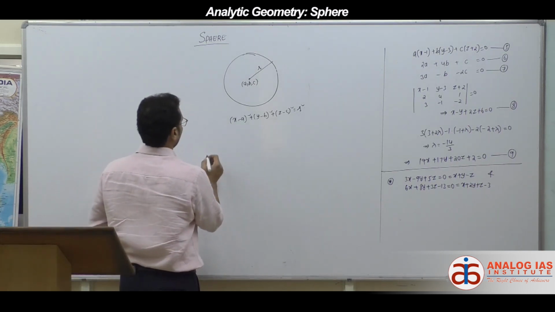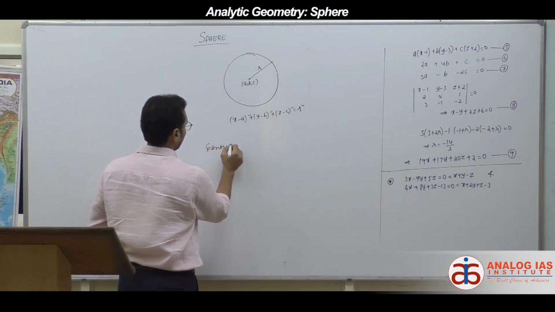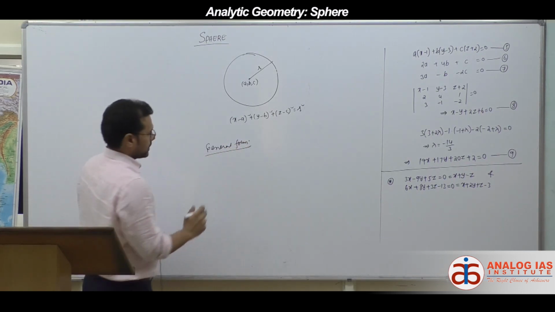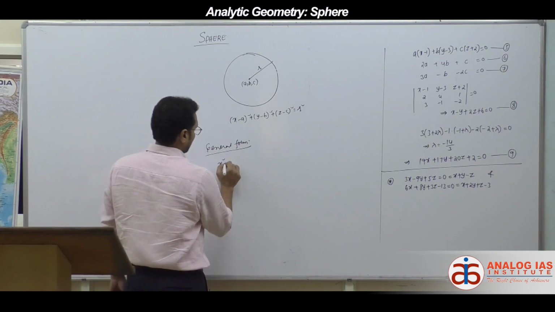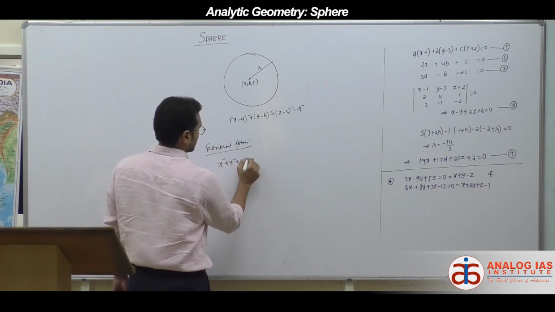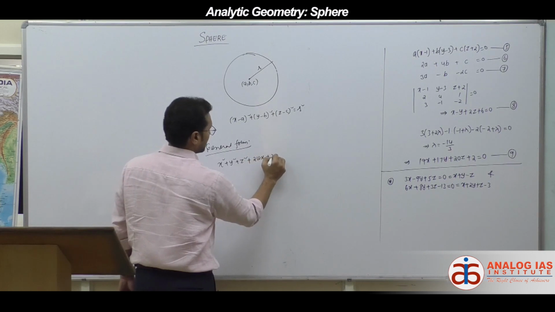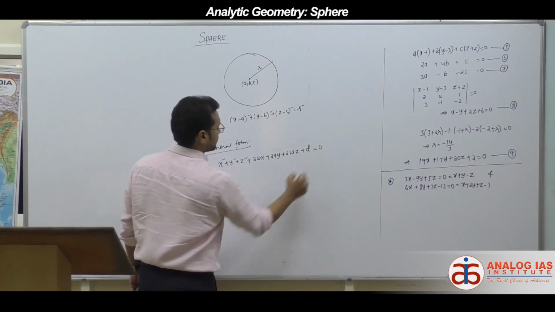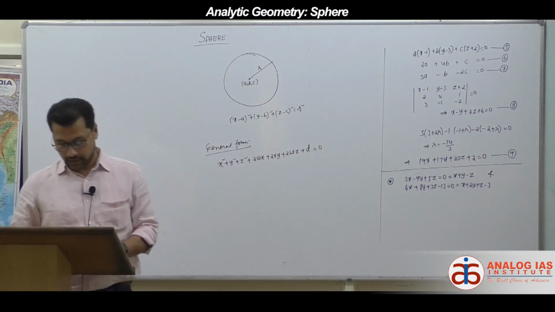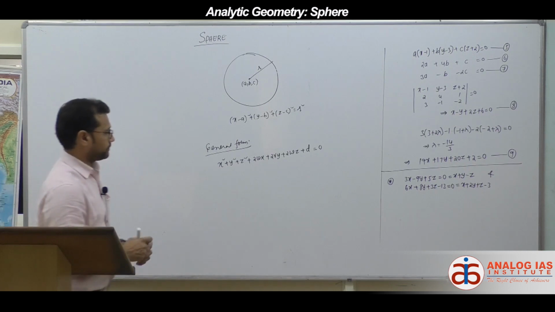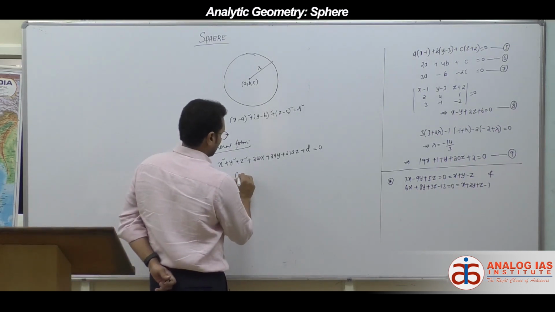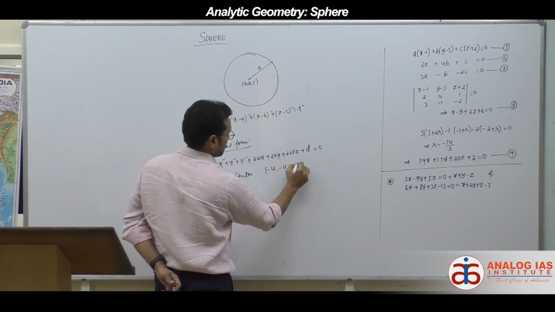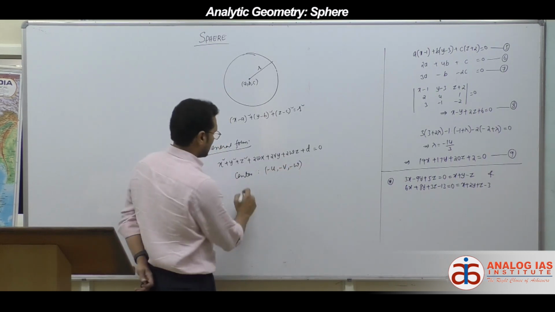Next, general form. x square plus y square plus z square plus 2ux plus 2vy plus 2wz plus d equal to 0. So the center is (minus u, minus v, minus w).